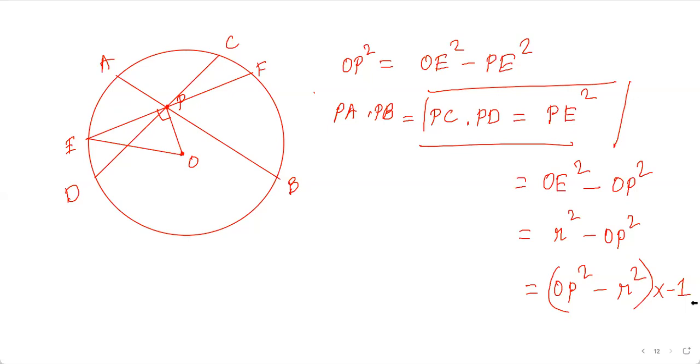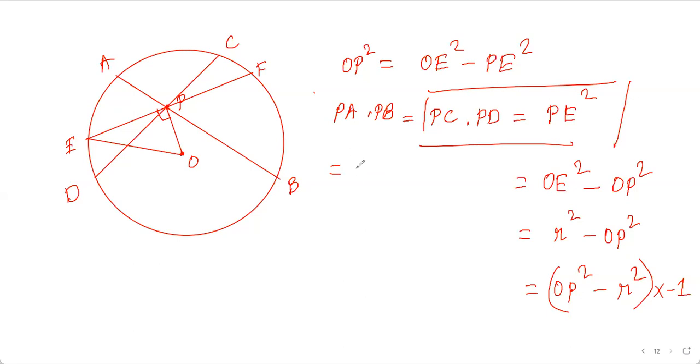Okay. Now look at this. Can you write that PC times PD is also equal to, so this is also a chord EF, right?